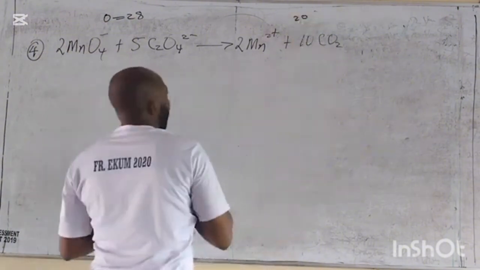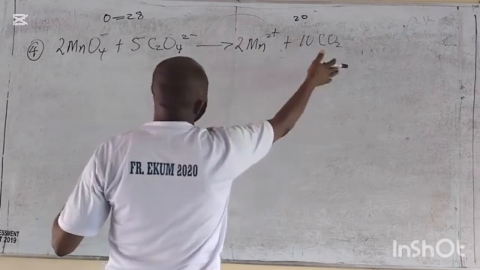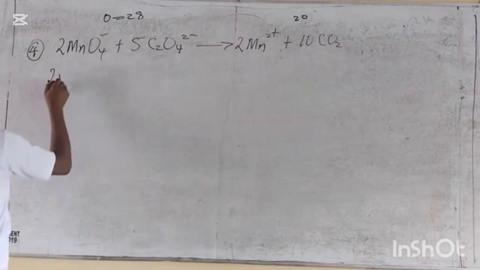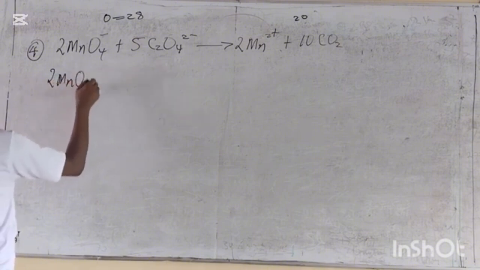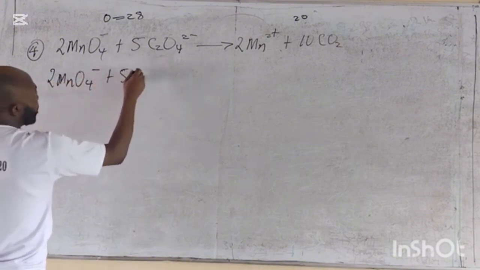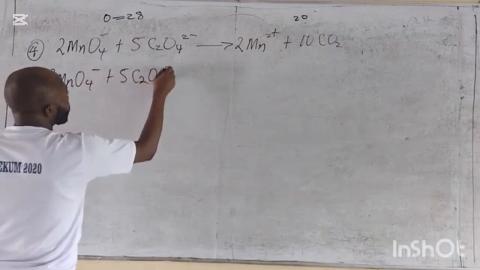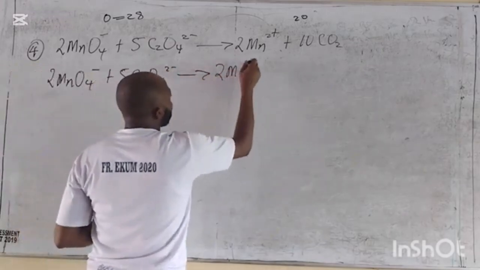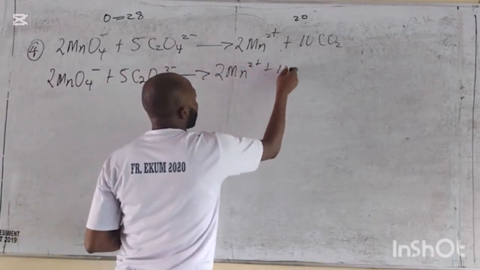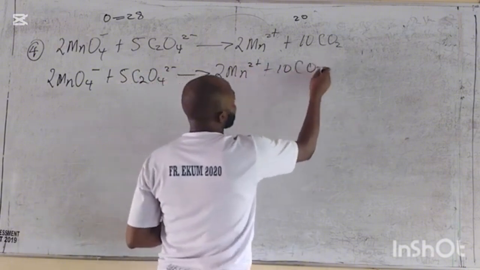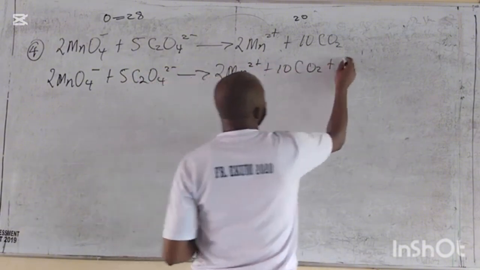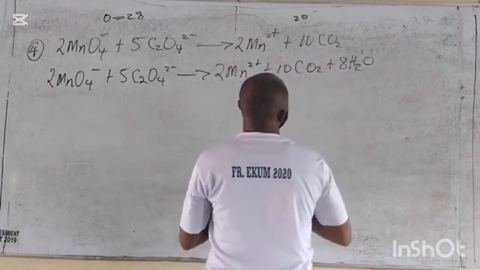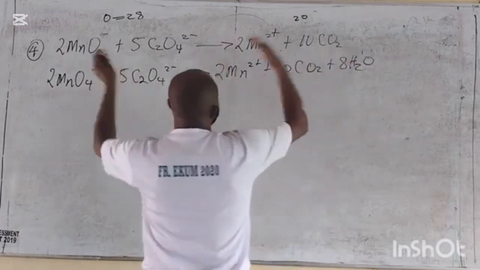So we are going to balance for 8 moles of oxygen. So I come back. I have 2 MnO4 minus plus 5 C2O4 2 minus give us 2 Mn2 plus, 10 CO2 plus 8 H2O. Now I have 8 oxygen, so it's balanced.